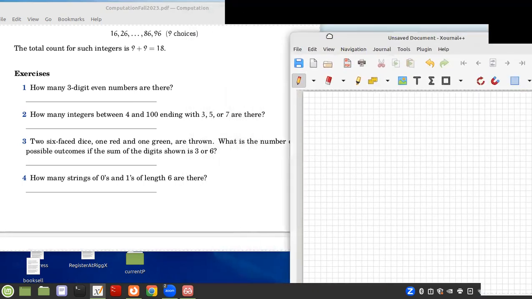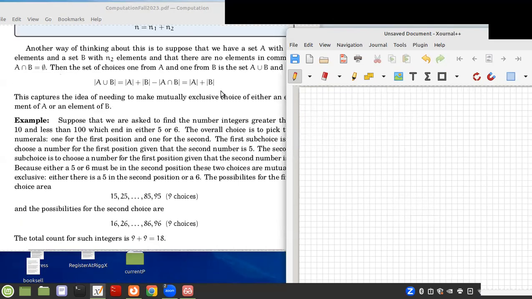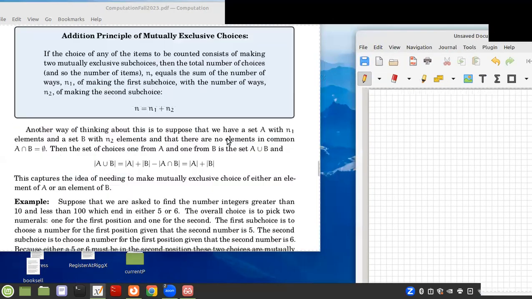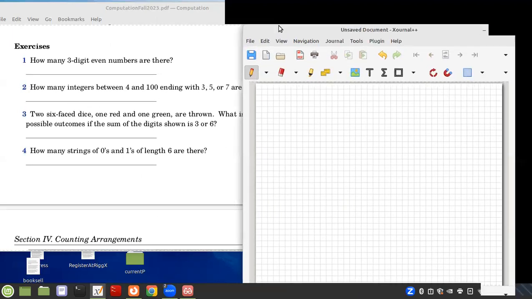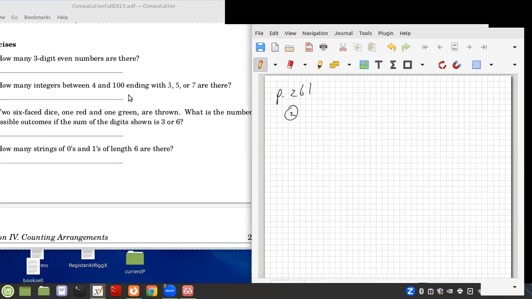But let's go and do number 2 here on page 261, which is: how many integers between 4 and 100 that end with 3, 5, or 7 are there? So that means they have to be greater than 4 and less than 100.